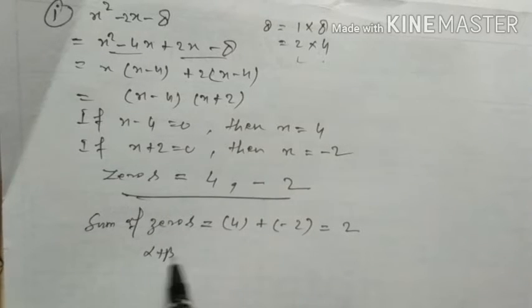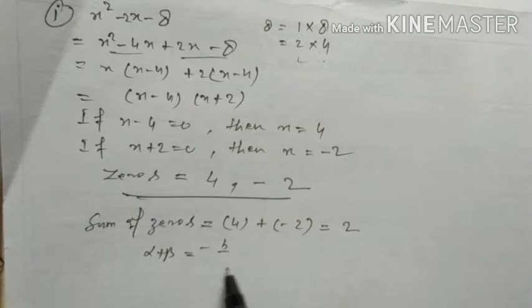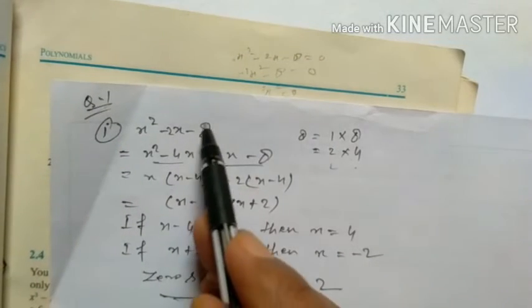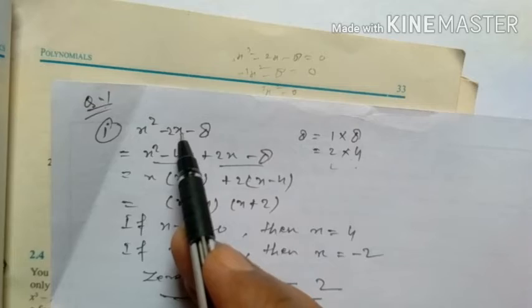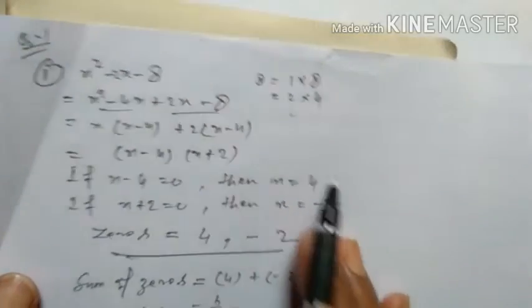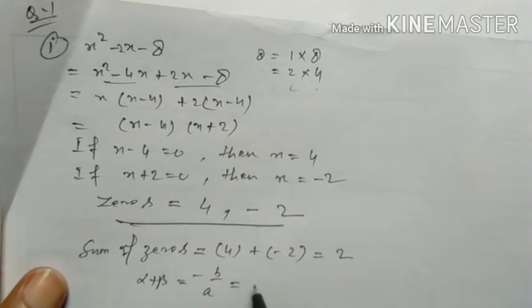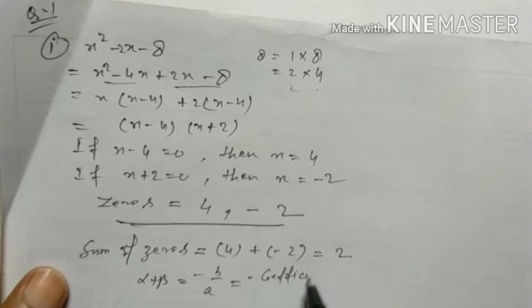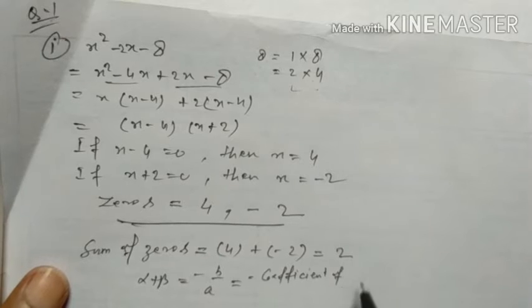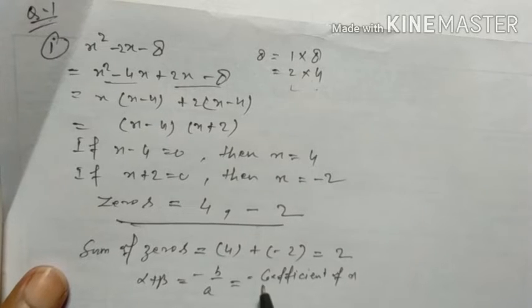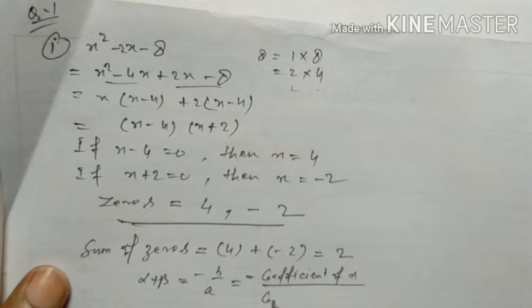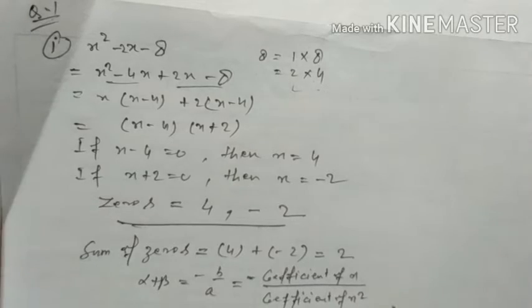alpha plus beta equal to minus b upon a, that is minus coefficient of x upon coefficient of x square.